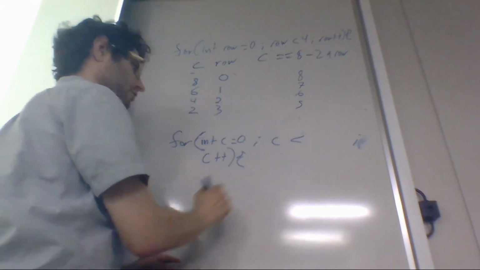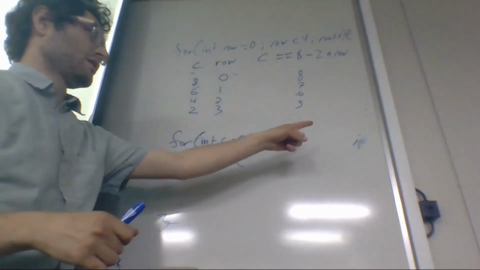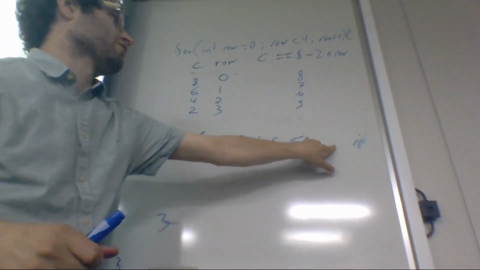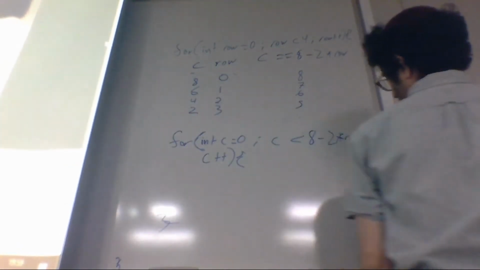So the only thing that changes over here is this. We'll put 8 minus 2 times row in there.